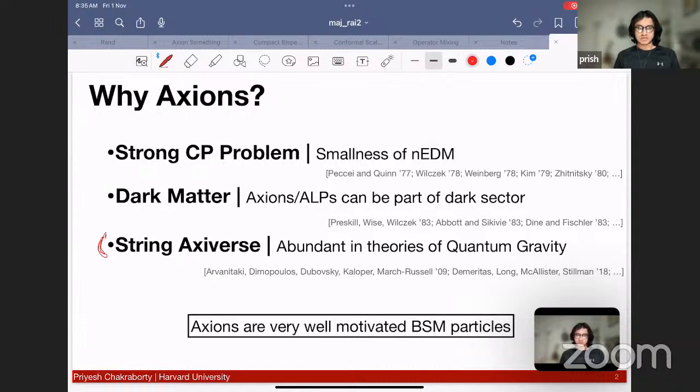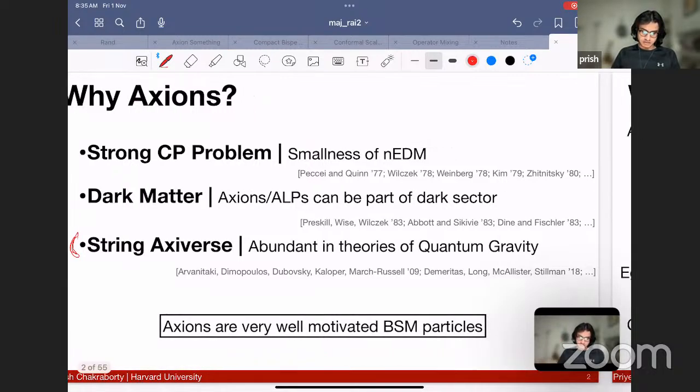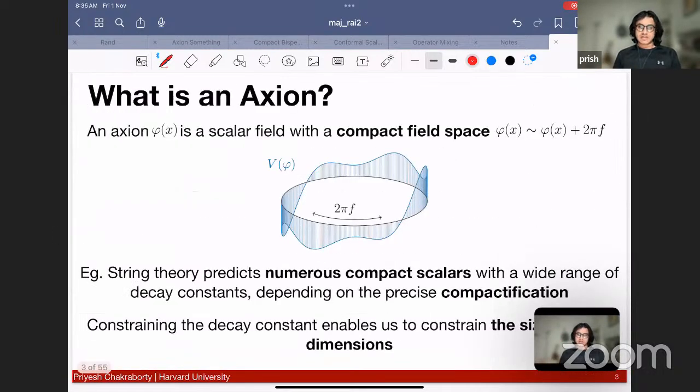Not so much the QCD axion or anything about dark matter. I'll be fairly general in this talk. I won't adopt any kind of fancy definition. No KSVZ, no DFSZ. But fundamentally, what is an axion?